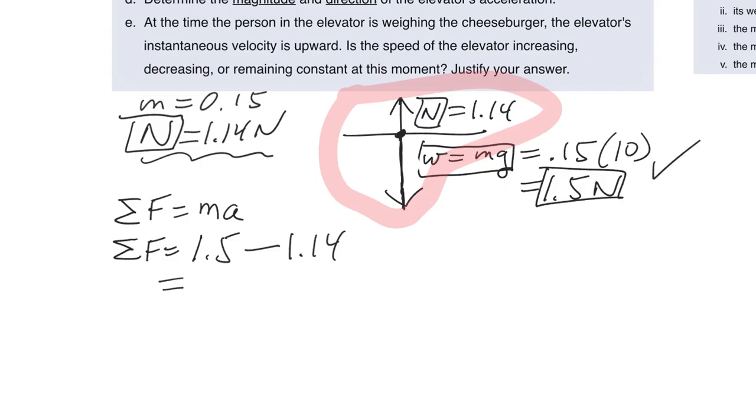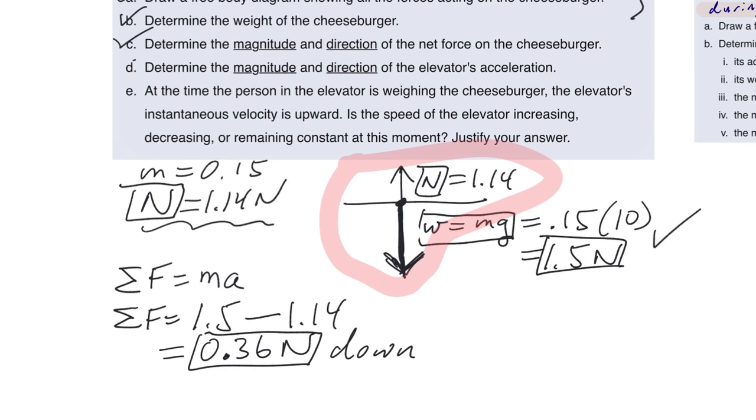So that comes out to be 0.36 newtons. That's the magnitude. And the direction is in the direction of the bigger force. And that would be the weight, which is down. So down is the direction of the net force.